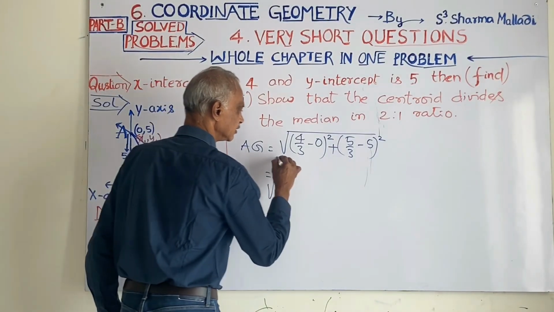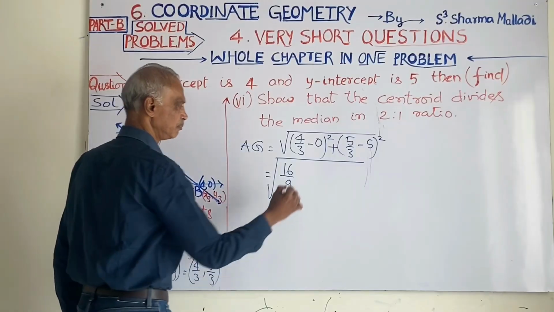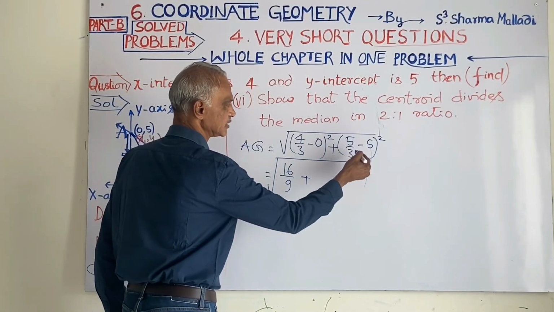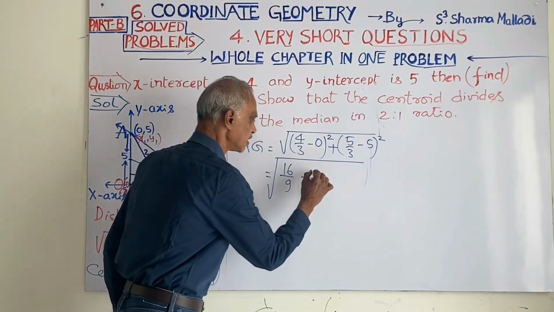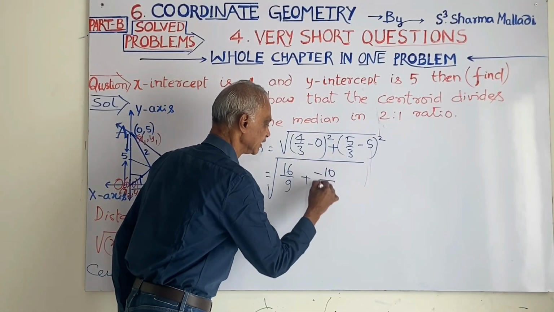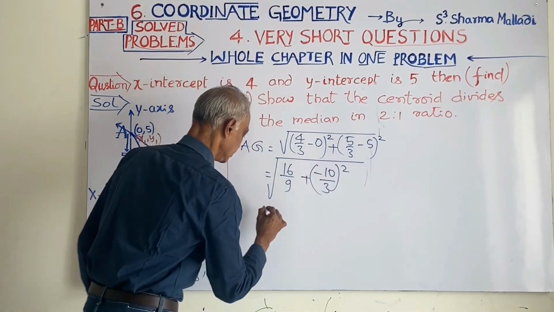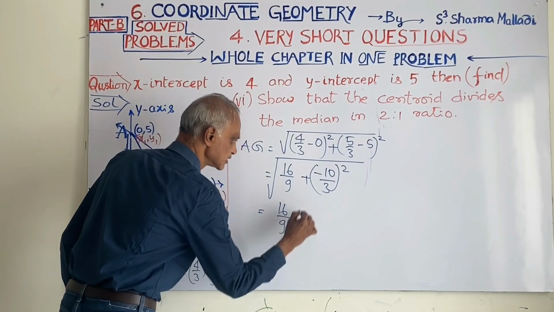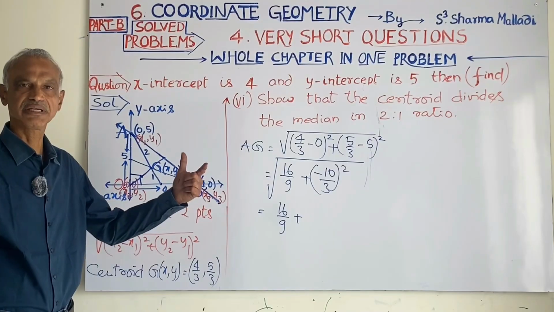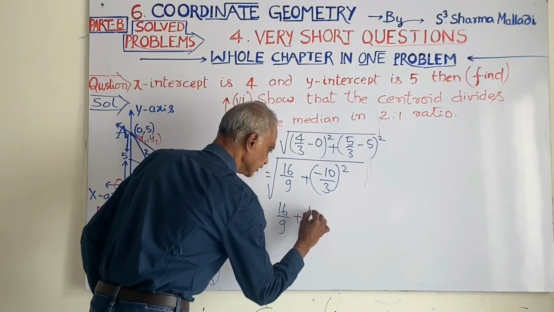You have to write square root plus you take LCM. 3 is the LCM. 5 by 3 minus 5 is (5 minus 15) by 3, which is minus 10 by 3 whole square. Now 16 by 9 plus minus 10 by 3 whole square means 100 by 9.